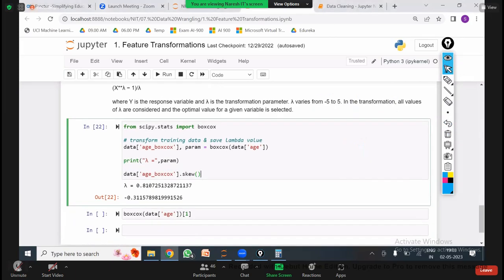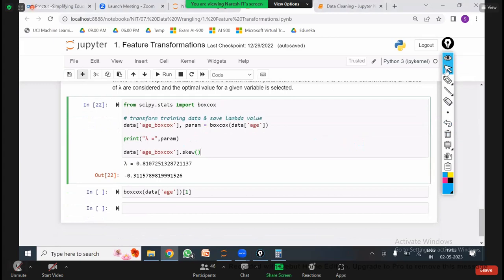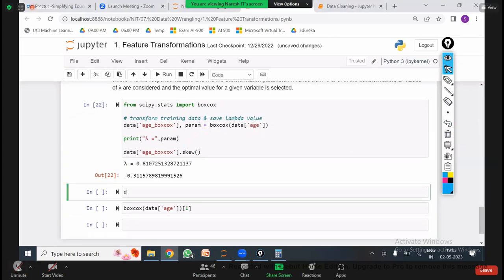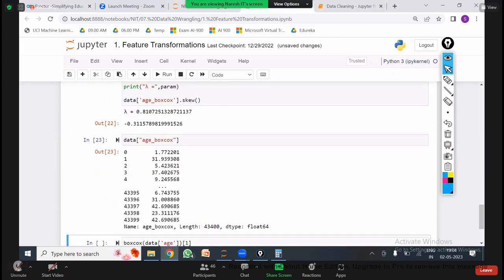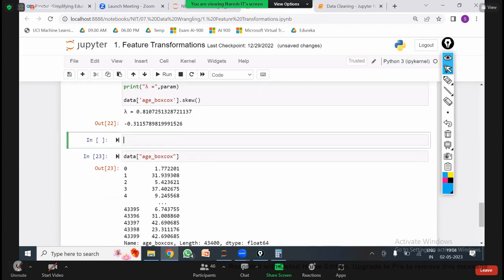Now if you apply this particular thing, that is data of age underscore boxcox, you can see this is the transformed data. Original data, what is the original data?